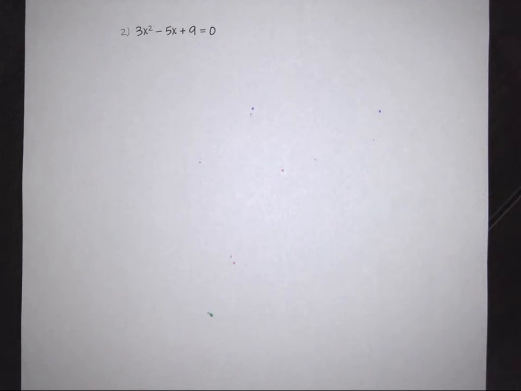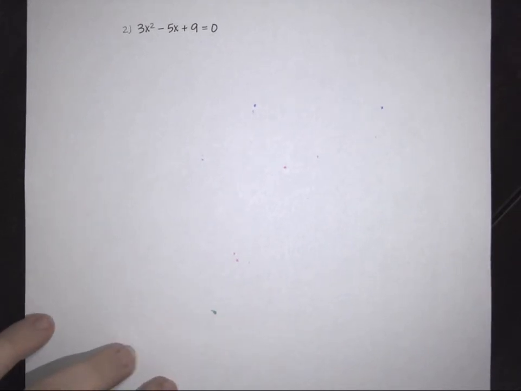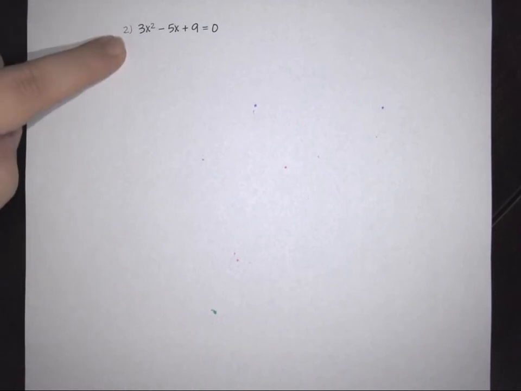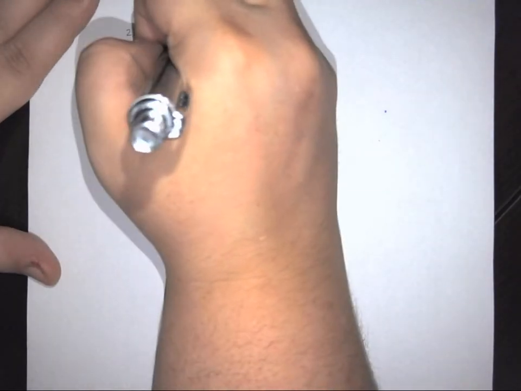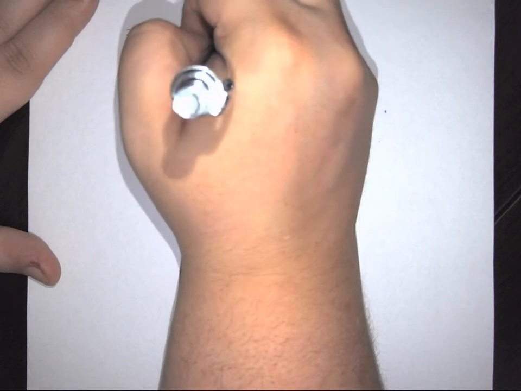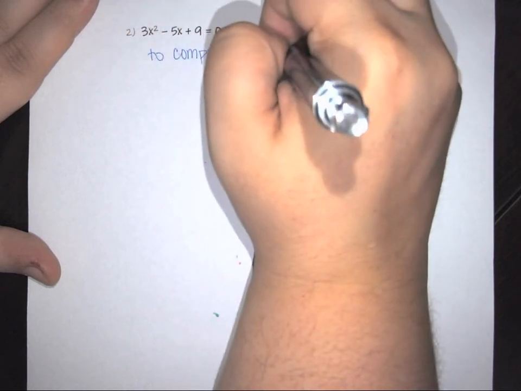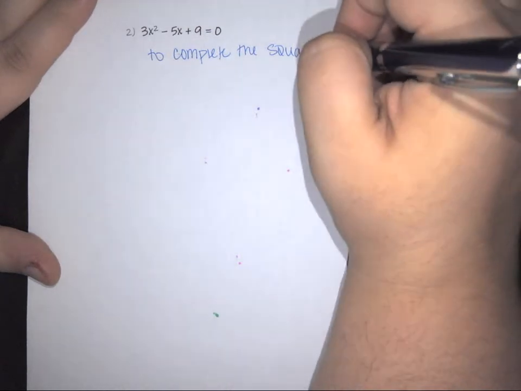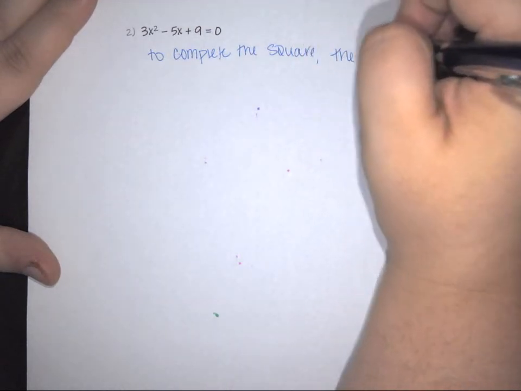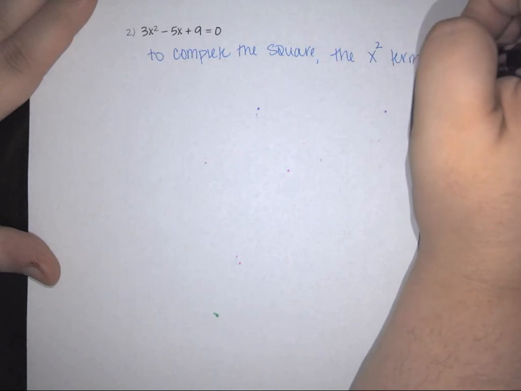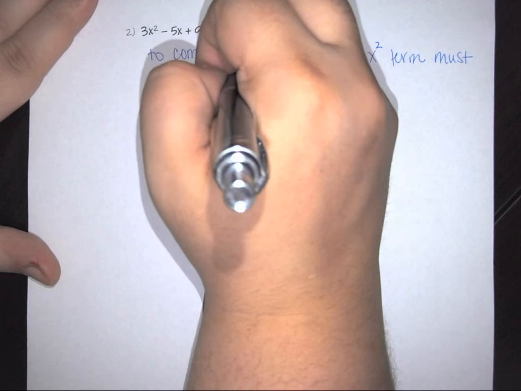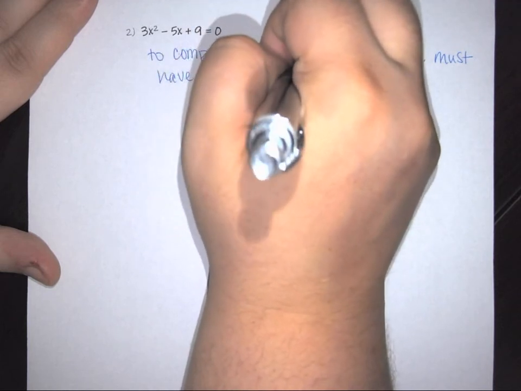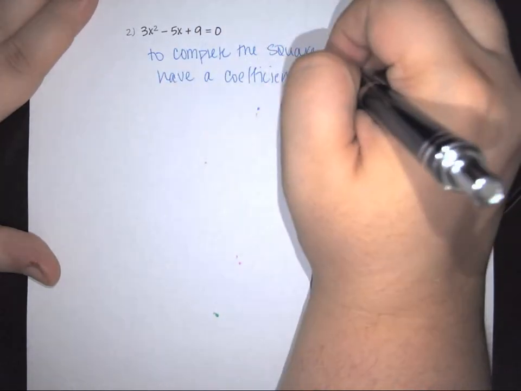The one concept we haven't looked at yet is what happens if you have a coefficient greater than 1. The rule says to complete the square, the x squared term must have a coefficient of 1.